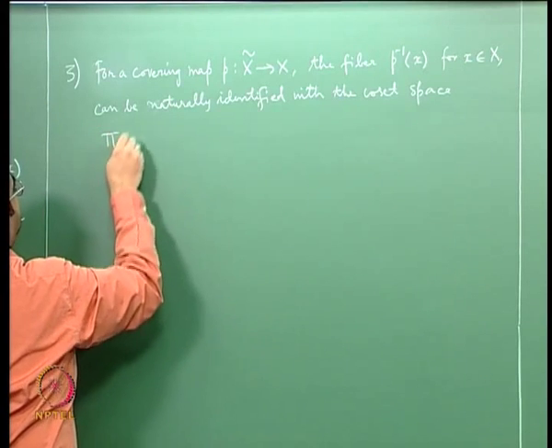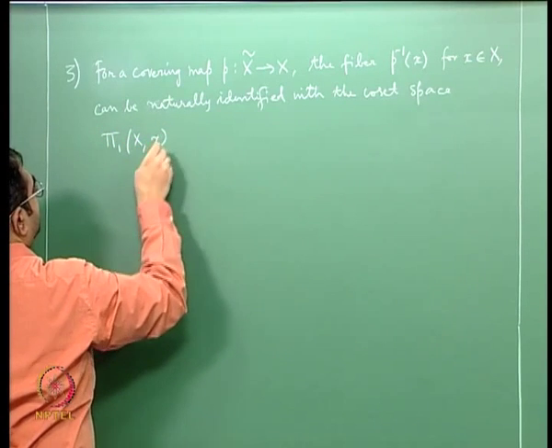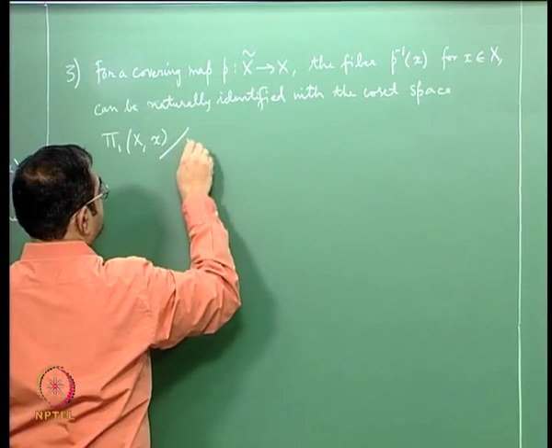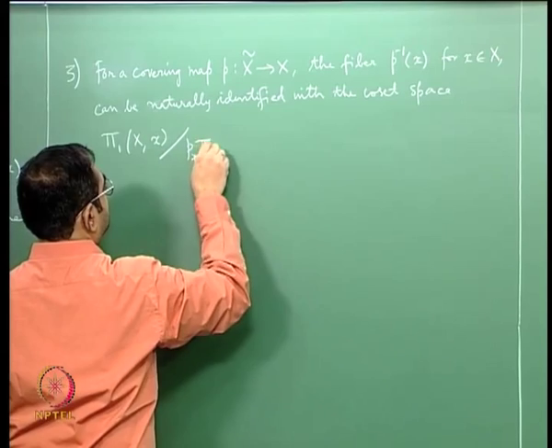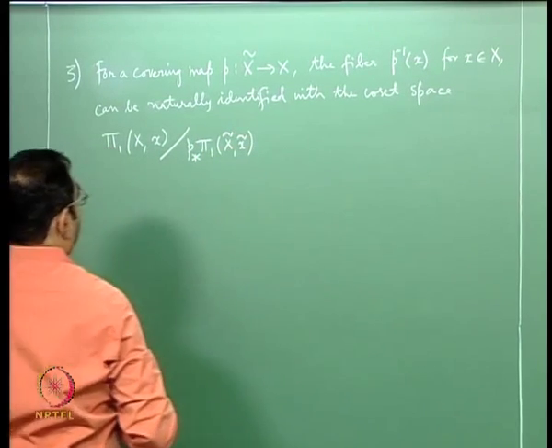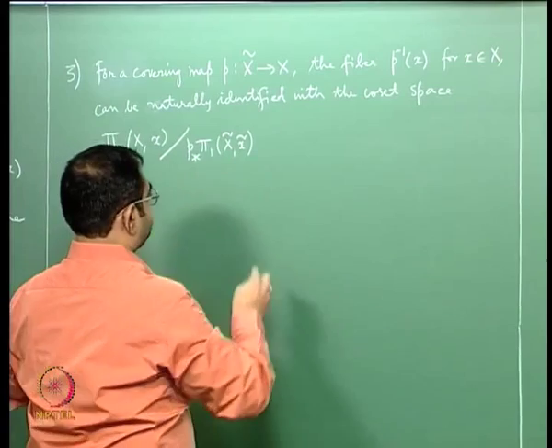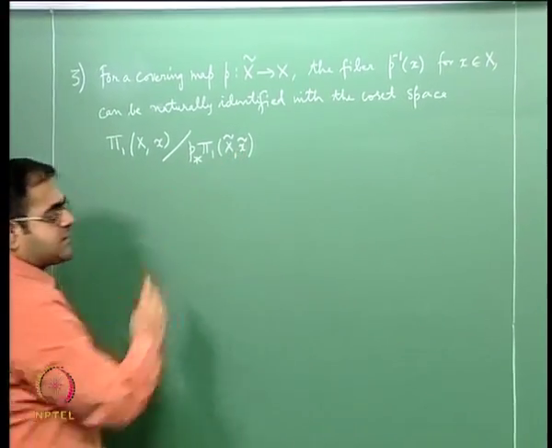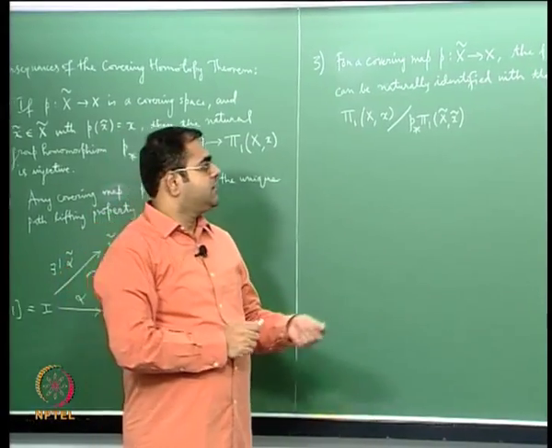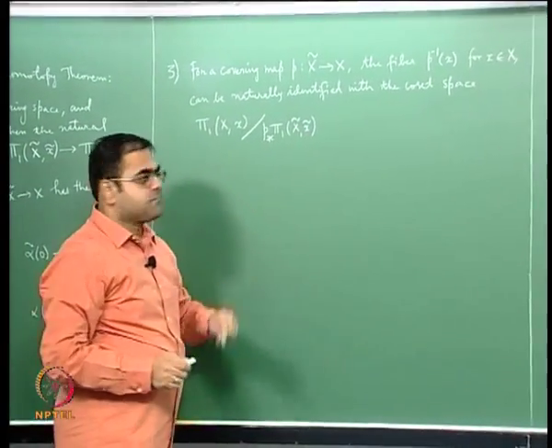pi 1, the fundamental group below, mod the image of the fundamental group above, where of course small x tilde is a point lying over small x, that is, a point that is mapped by P to small x.